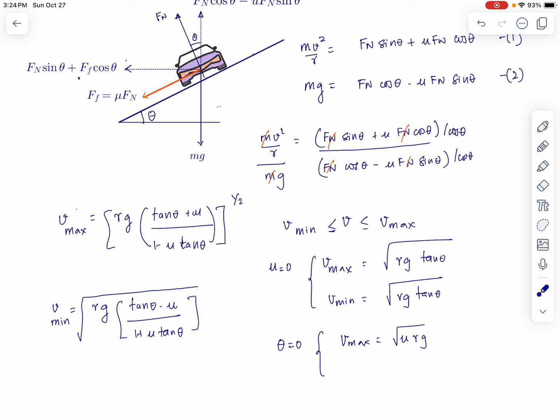Okay, there is no Vmin because the only way the car can slide is outwards, okay, away from the track. Okay, and Vmin here is not defined because when theta is 0, tan theta is 0, this term is 0, we get a value of negative mu, which is not defined.